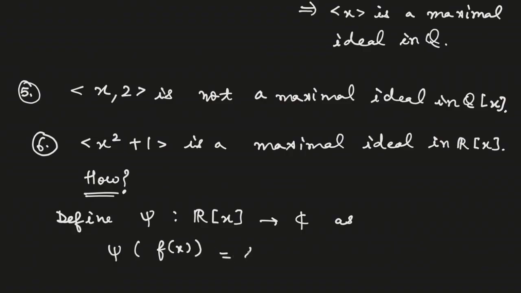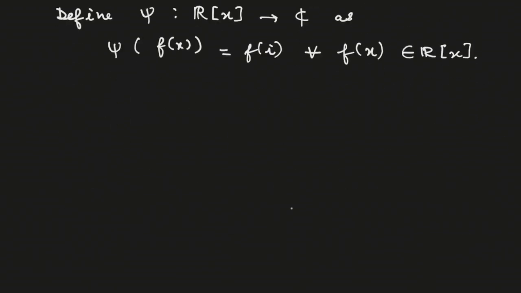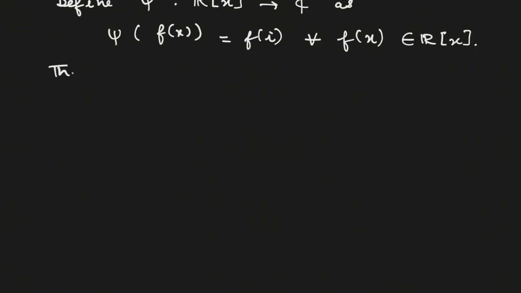psi of f(x) is equal to f(iota) for all f(x) belonging to R[x]. Then psi is an onto homomorphism.